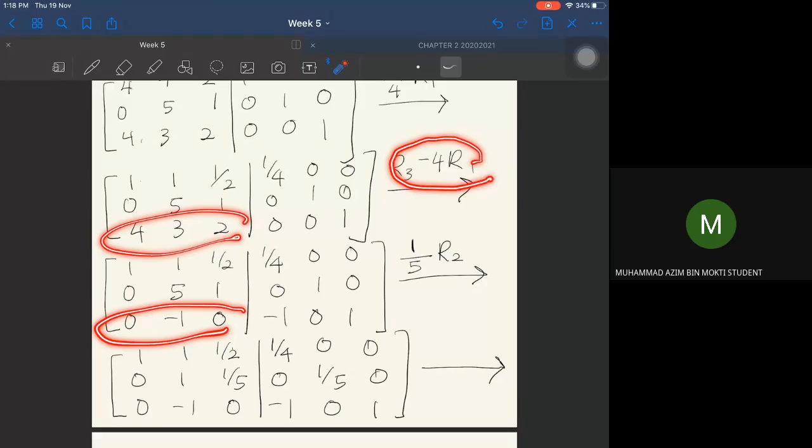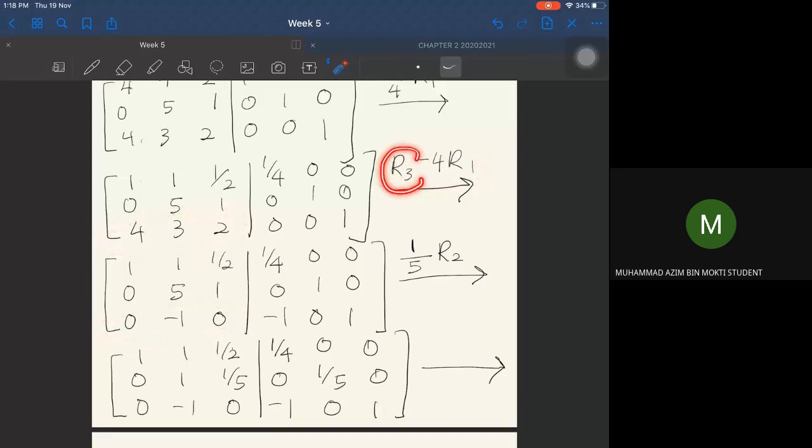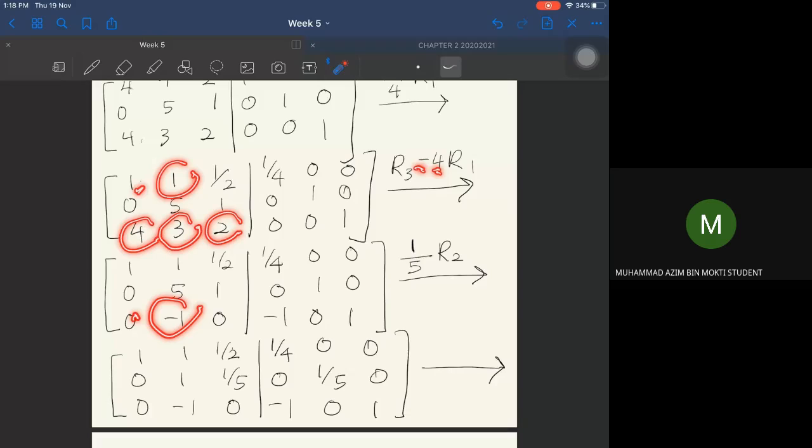Operation ni, row yang berubah adalah row yang ketiga. So ni row yang kita nak ubah. Okay. 4 tolak 4 darab 1, dapat 0. 3 tolak 4 darab 1, dapat -1. 2 tolak 4 darab 1/2, dapat 0. Dan so on lah.